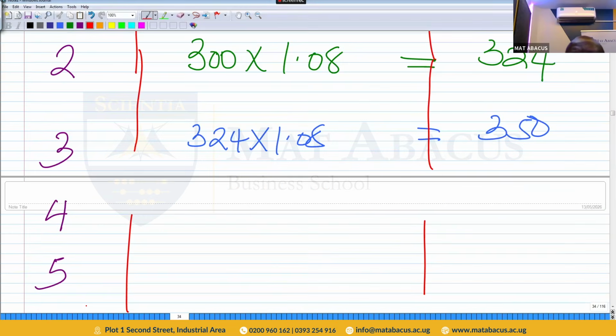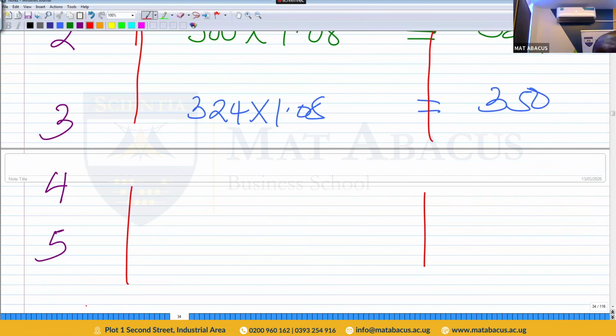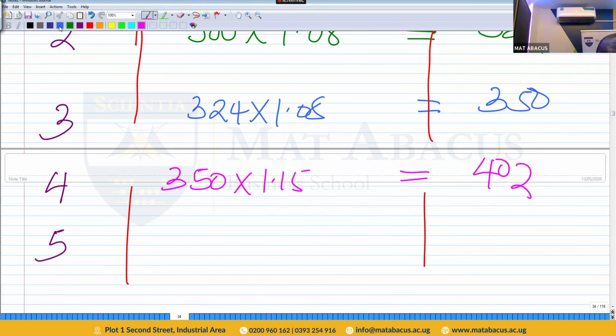So in year 4, we are going up by 15%. So we shall bring the 350 here, multiply it by 1.15, representation of that increase. And when you do that, you get 402. And in year 5, you continue growing it by that rate.